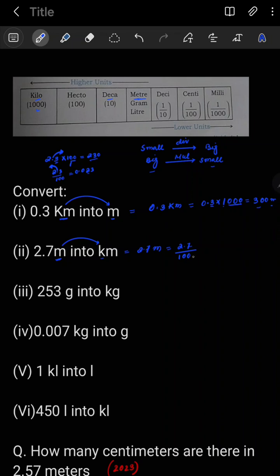And then for kilo you give another 0. So you have to divide with 1000. Just now I told you, for division your point will sweep which side? Your point will sweep left side.